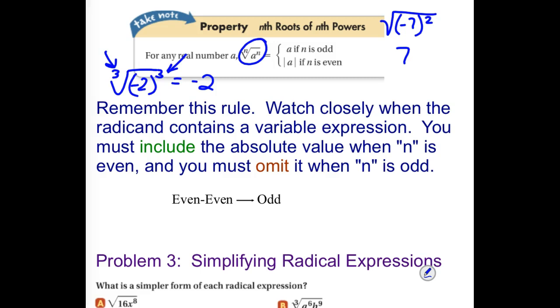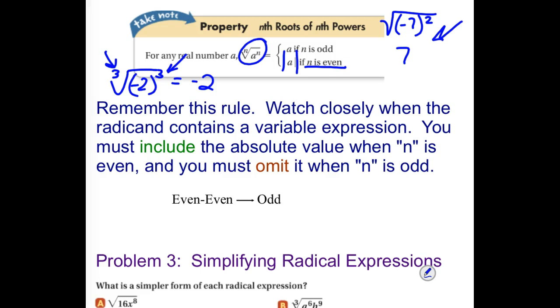If it's an even root, it doesn't work that way, right? We just talked about it with this one. So if you are taking an even root, we have to include absolute value bars around those variables to make sure that they're going to come out positive. Okay?